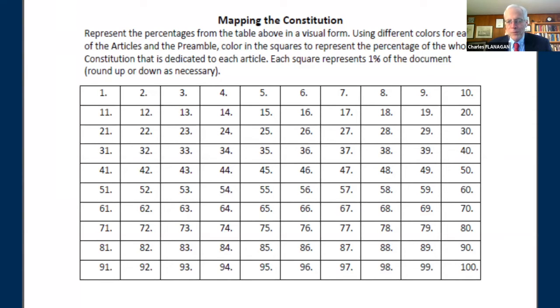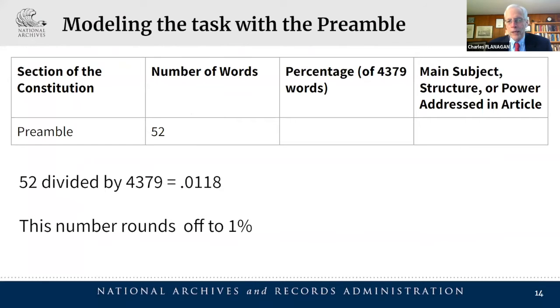Okay, if we could advance, please. Here's that preamble slide. So we know that if we highlight the preamble, we'll have 52 words. So we would take our 52 words and we would divide them by 4,379. And I just have one thing to say.